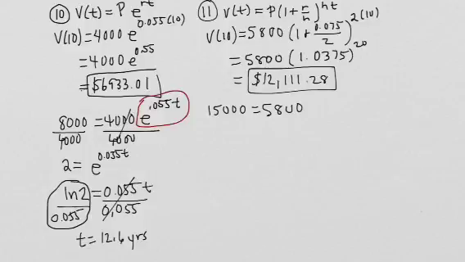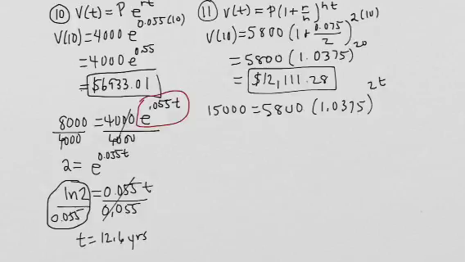And it's the same interest rate, and it's semi-annually, so it's going to be 1.0375. That's going to be the same, and so it's going to be 2t. The n has to be taken into account in the formula. So that's why the exponent is 2t.